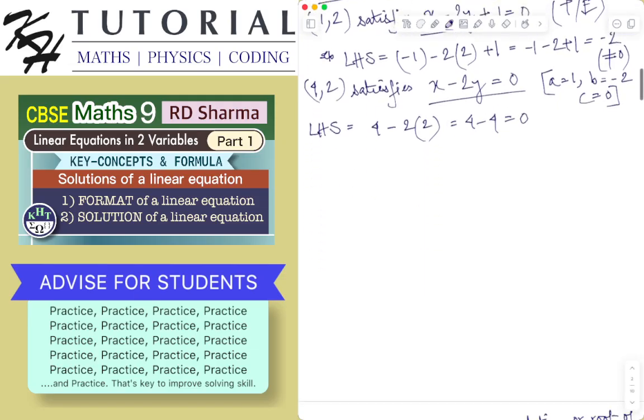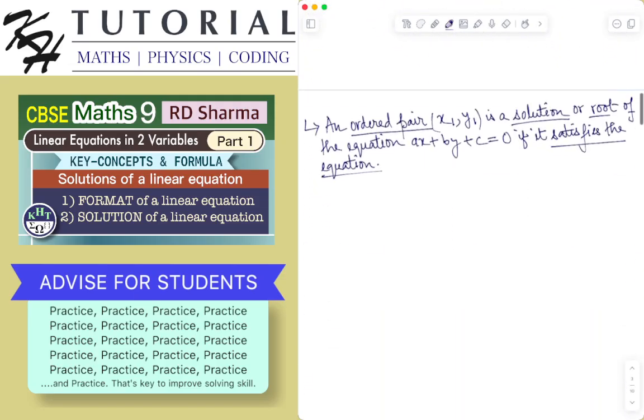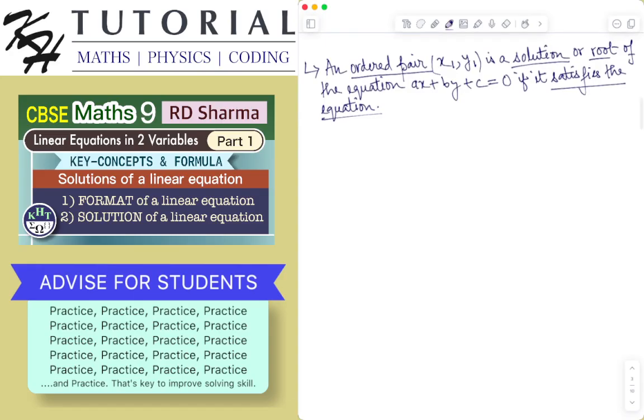Okay. Let's see the next concept. An ordered pair x1 comma y1 is a solution or root of the equation ax plus by plus c equals to 0 if it satisfies the equation. So we say that an ordered pair x1 comma y1, where obviously x1 and y1 are some real constants.